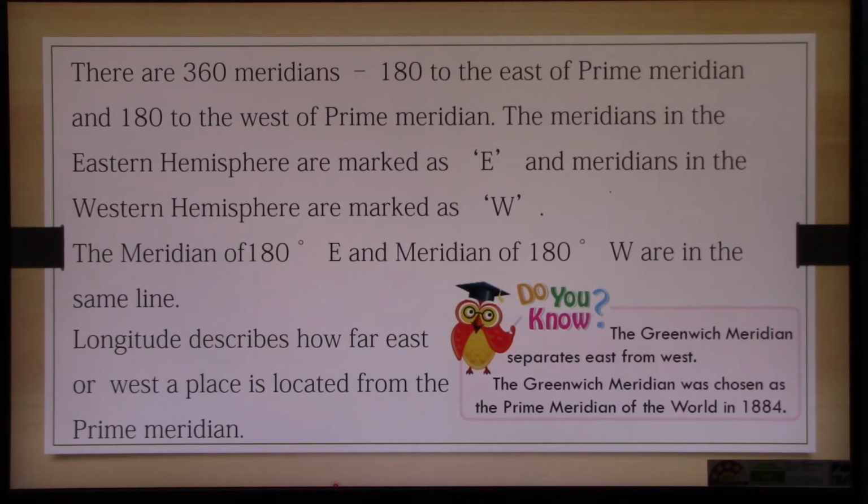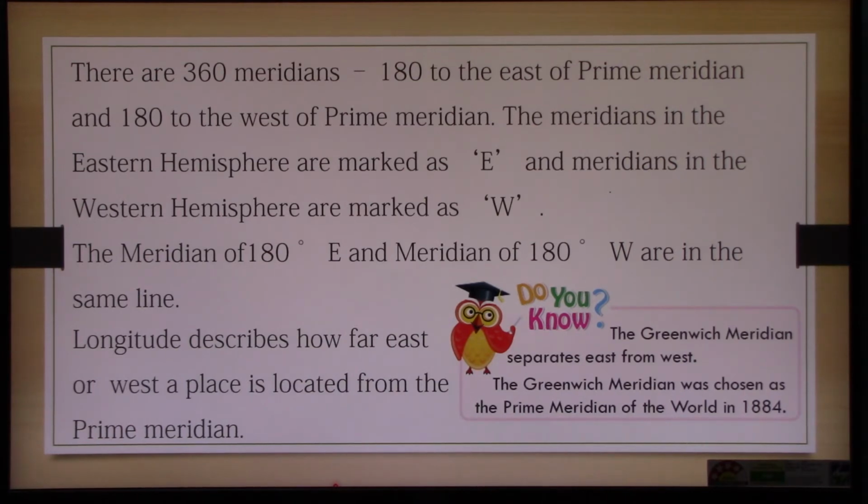Instead of 80 degrees east, what do we do? 80 degrees E, capital E. As we had read for latitudes, capital N and capital S: N denotes north and S denotes south. Here E denotes east and W denotes west. So you have to keep this in mind, children. Always remember this. These are very important points.